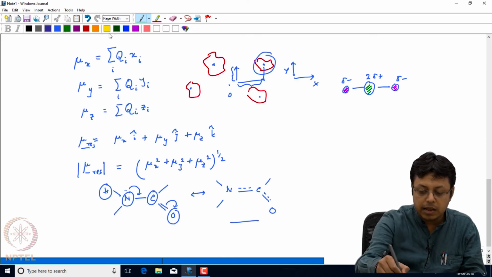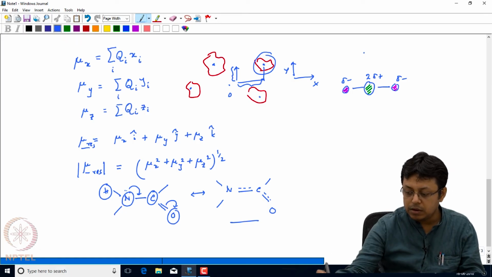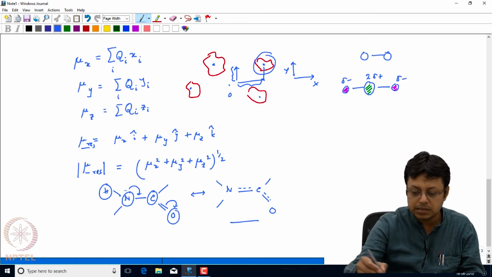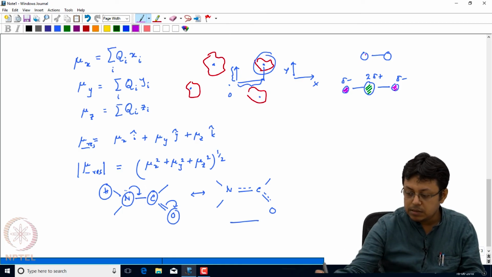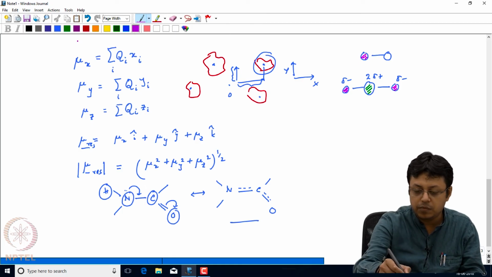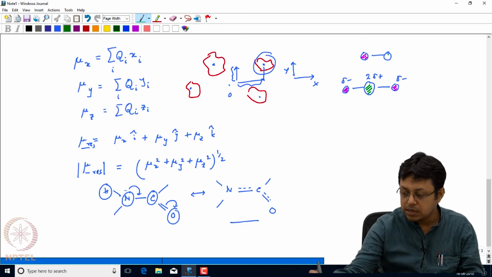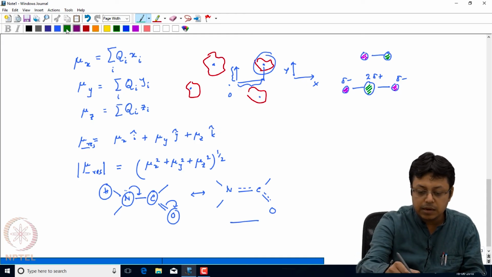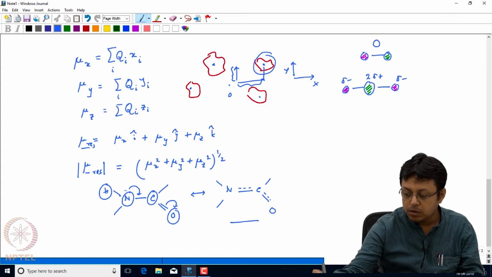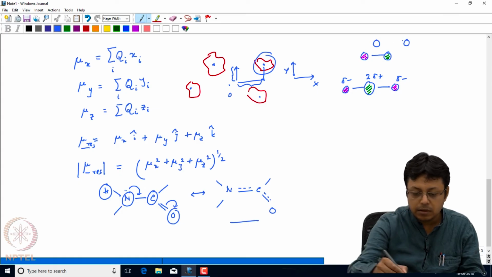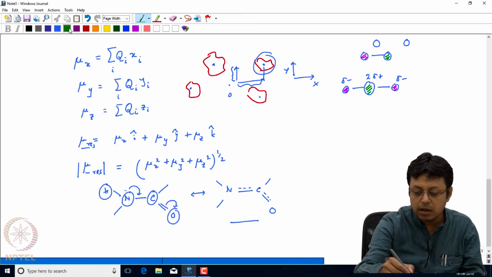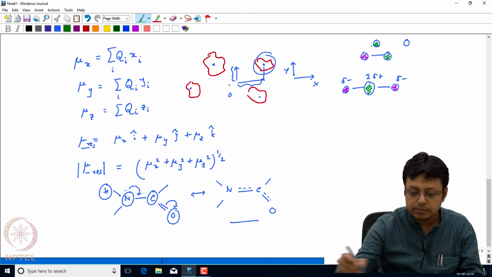But for a dipole, for a similar drawing, we have already shown how the dipole is represented. Dipole is represented as the separation of two charges like this, and similarly you can also think about a monopole, which is either a positive charge or a negative charge, something like this.